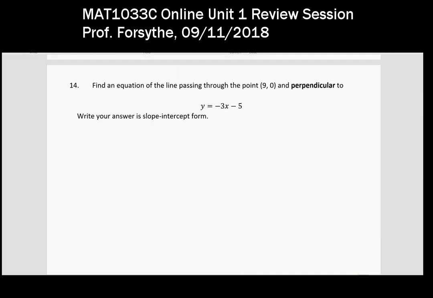14. Find the equation of the line passing through the point 9, 0 and perpendicular to y equals negative 3x minus 5. So for this one, we don't have to do any major work to get the slope because it's already in slope-intercept form. So we can just take the slope that's given to us. This is negative 3.